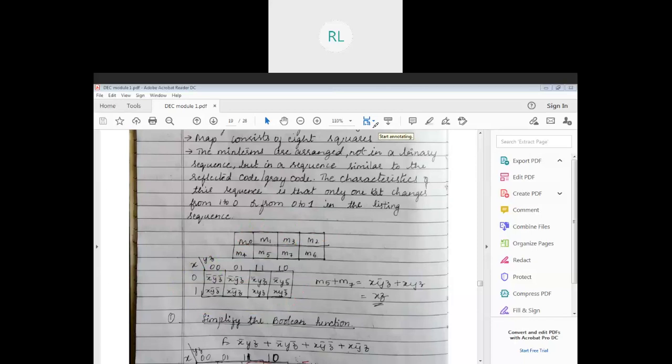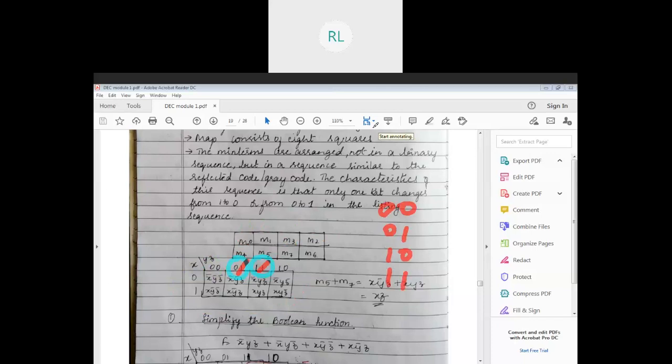Let me just clear it out so that it becomes easy for you to understand. Now let us compare this section and this section, the same analogy. What are the similarities? The similarity is 1 and 1, but the first bit, 0 and 1, is different.